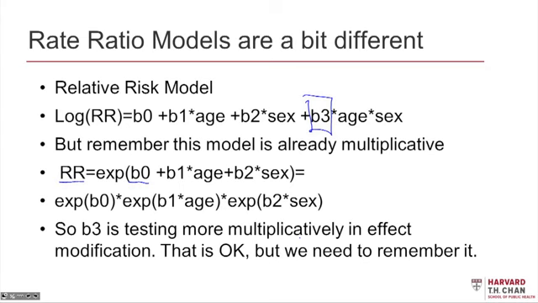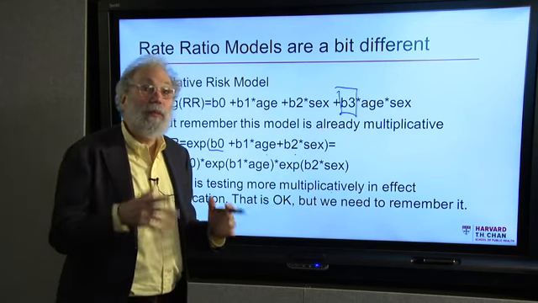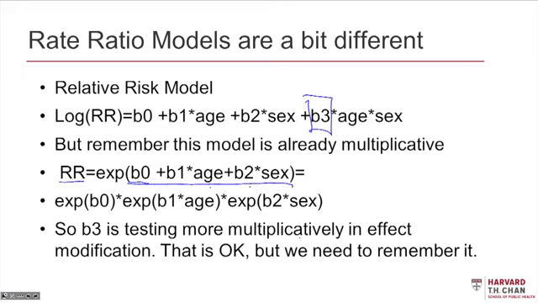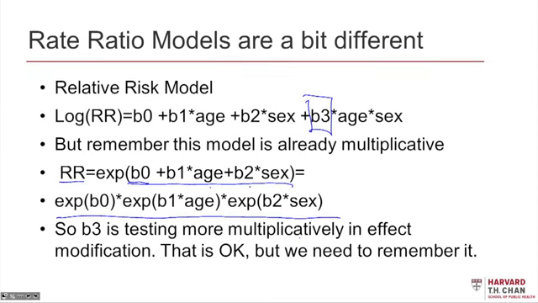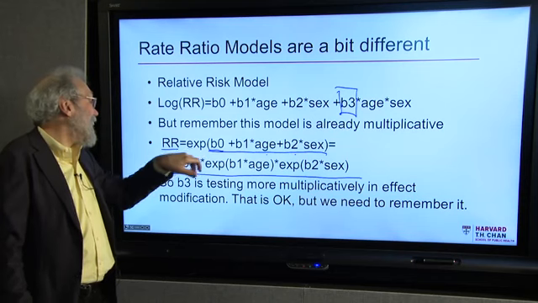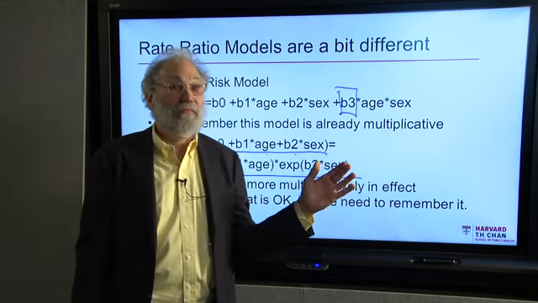That's what B naught is telling me about. There's an effect of age and an effect of sex. But remembering what we know about exponents, this is equal to this. So e to the b0, my baseline rate, the effect of age is multiplying that, and then the effect of sex is multiplying the effect of age on the baseline rate, and that's without an interaction term.